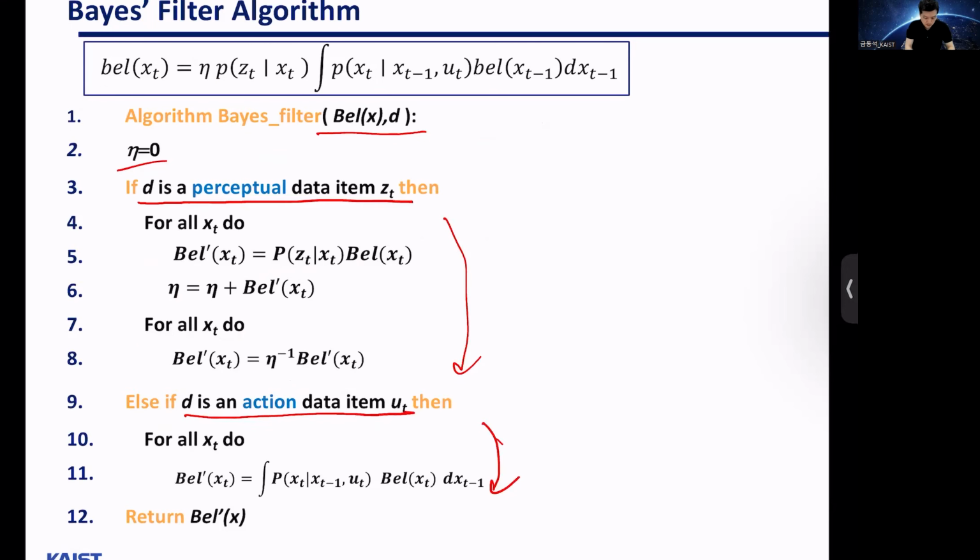So for observation, in the case of observation input, we need to compute this belief with eta, and then if we have action input, then we need to compute the predicted part of the belief distribution.